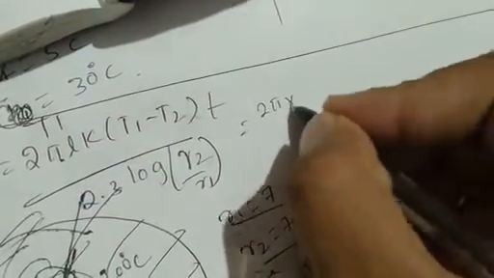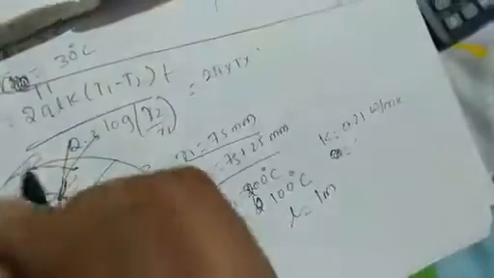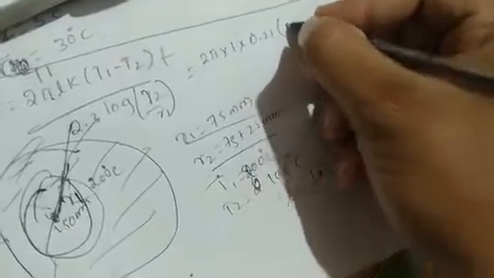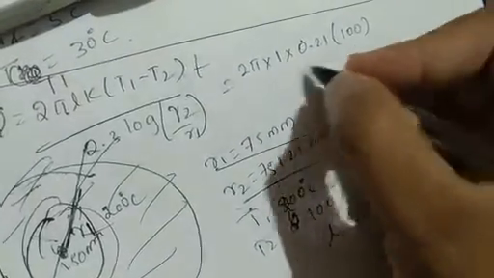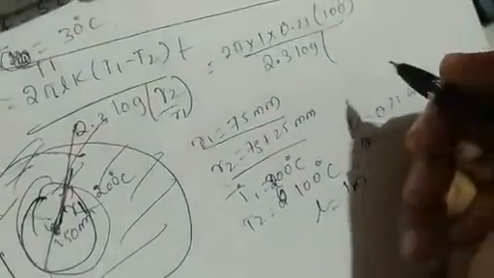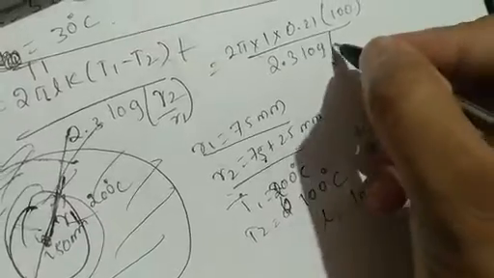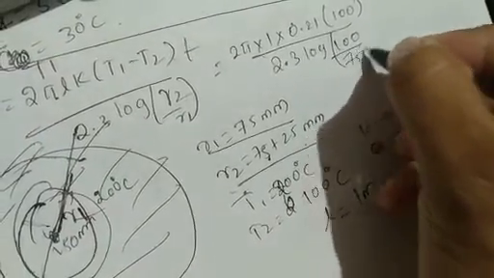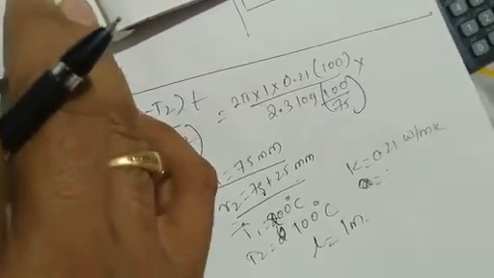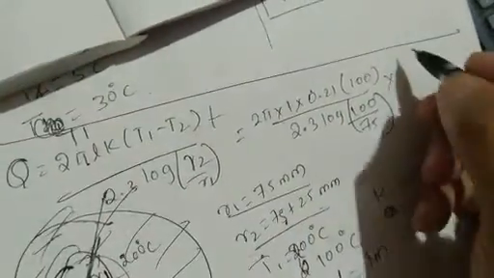So substitute: 2 pi into 1 into k value 0.21 into (T1 minus T2), 100, into t, divided by 2.3 log of R2, 100, divided by 75, into t. Per minute is 60 seconds.